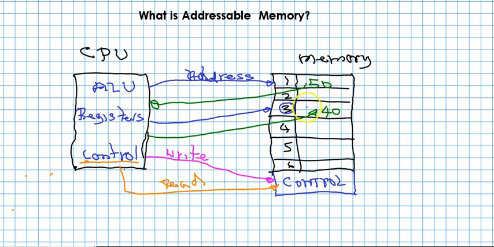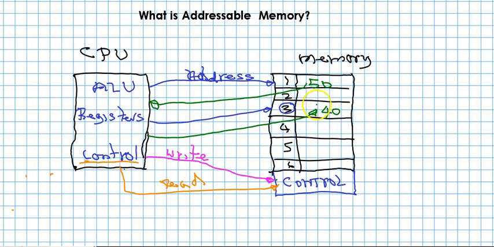So in this case, we've sent an address from the CPU to the memory for 3. The control signal says that we're going to write information, so the CPU will then send the data into memory location 3 and place the data there, which in this case is going to be 40.